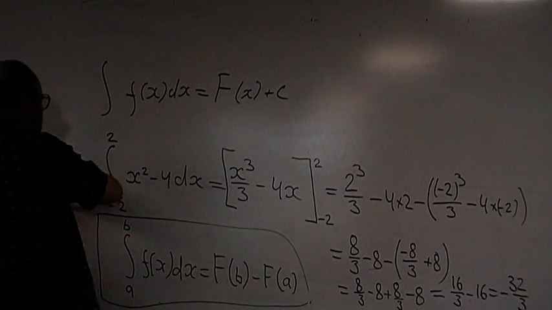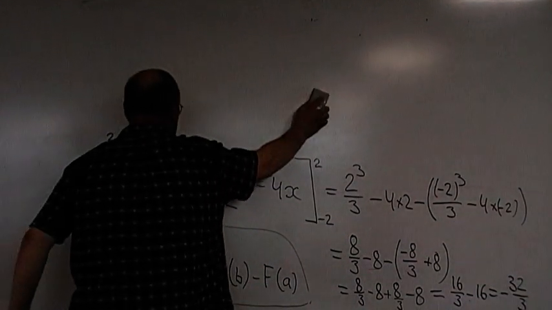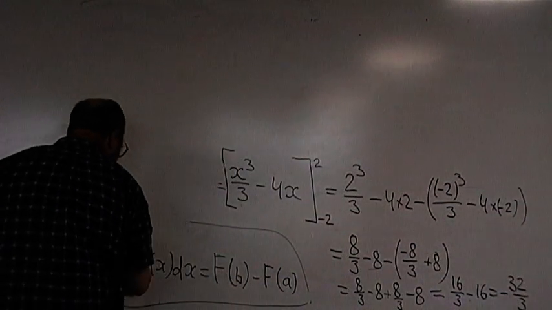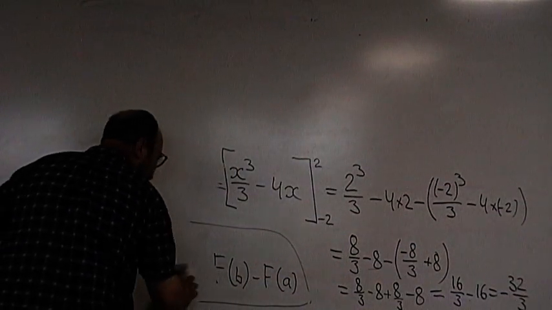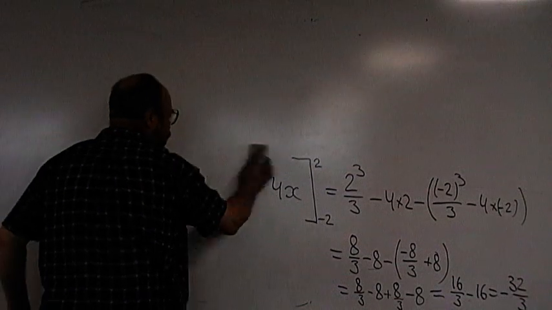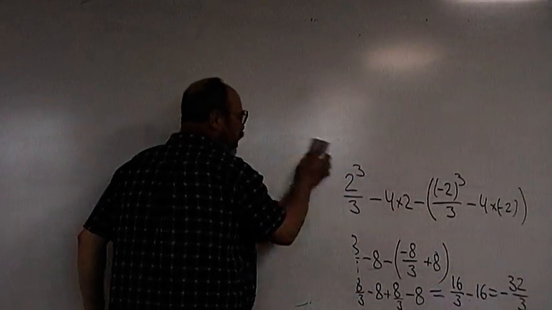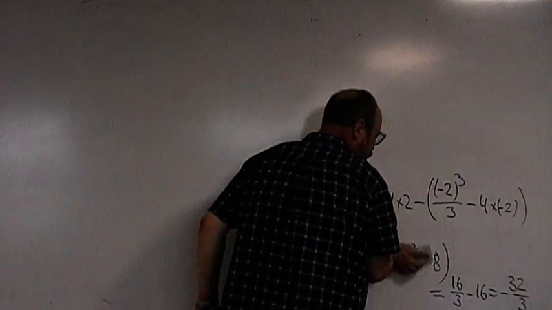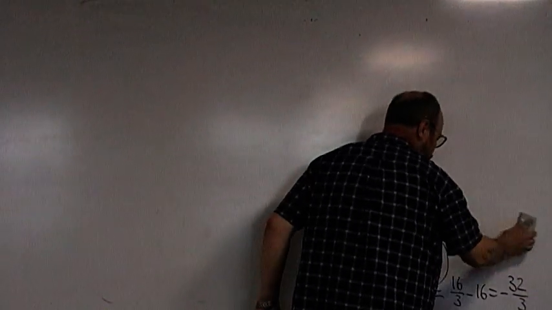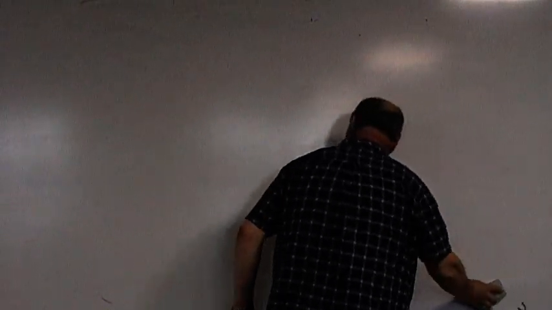Now, where it's used. A main and very important application is that using the definite integral we can find exact areas. Last lesson we learned about estimating areas using rectangular or trapezium estimations.